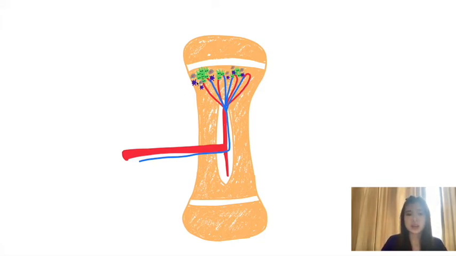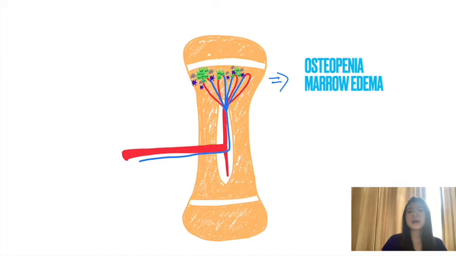You can see these demons surrounded by all the white blood cells, and this is creating marrow edema, which you can see on X-ray as osteopenia, more lucency, and indistinct margin of the physeal plate, where it used to be more distinct.